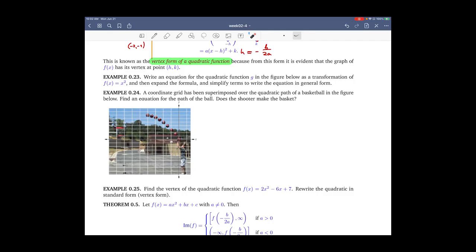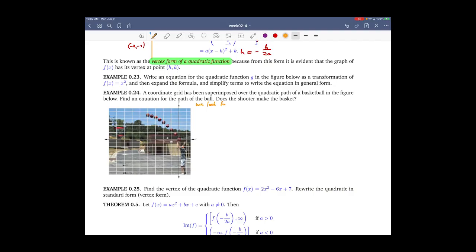We need to find an equation for the path of the ball and try to understand if the ball will fall into the basket. So the idea is this. Let us look for our quadratic function.